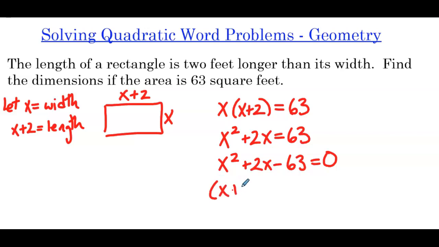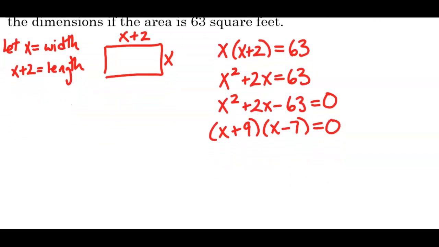So we'd have x plus 9 times x minus 7 equals 0, as 9 and negative 7 are factors of negative 63 that add to positive 2. And by the zero product property, we know that either x plus 9 equals 0 or x minus 7 equals 0.